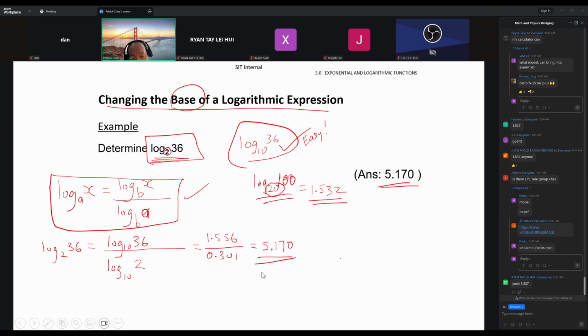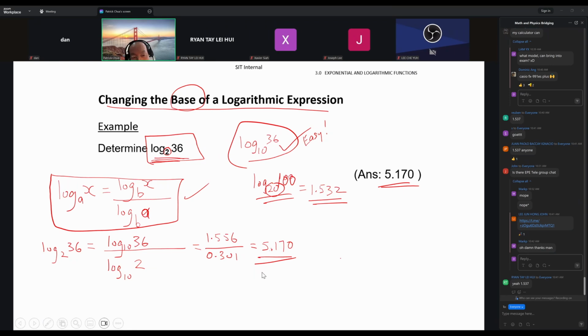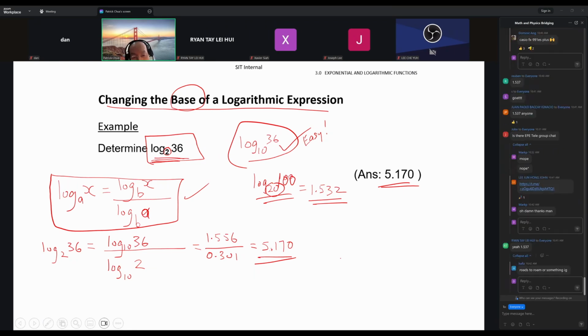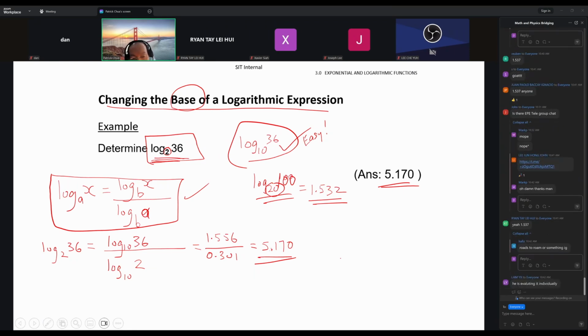You understand or not? So these are all deviations in the values because of truncation. So don't worry about 5.170 or 5.169 or 5.171. How many decimal places you use for your division or multiplication will determine your final answer.